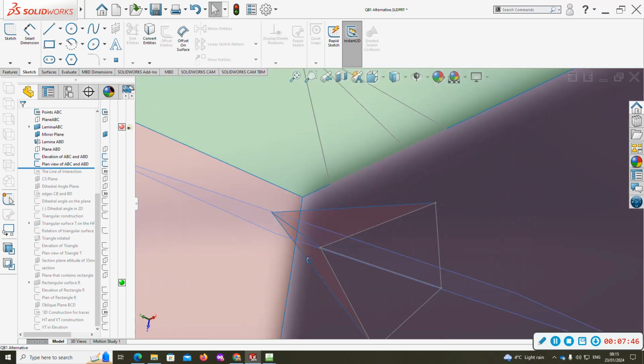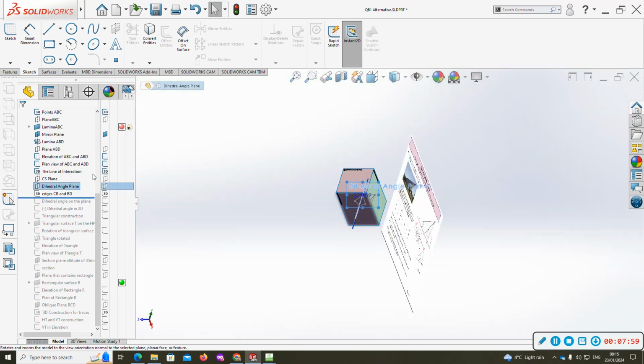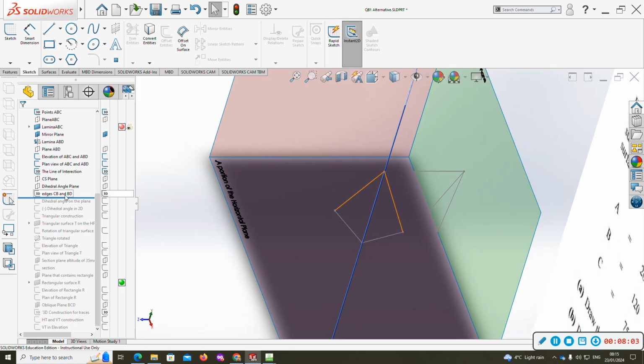So we need to get this line of intersection, okay, AB, projecting as an edge. See, then you get the dihedral angle.